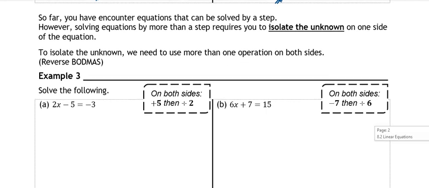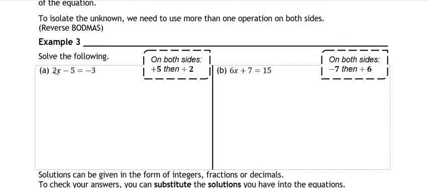Let's begin. In example 3, part A, you have 2x minus 5 equals negative 3. I have written in the side box that on both sides, you have to add 5 first, then divide by 2. You notice that it is working in reverse order. When you form 2x minus 5, you do 2 times x, then minus 5.